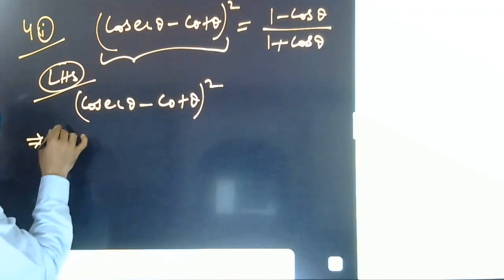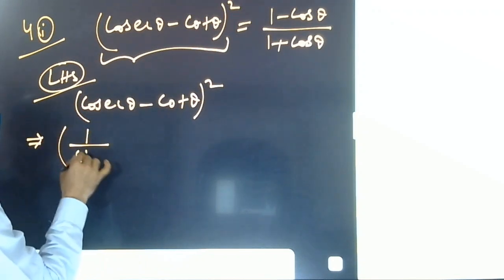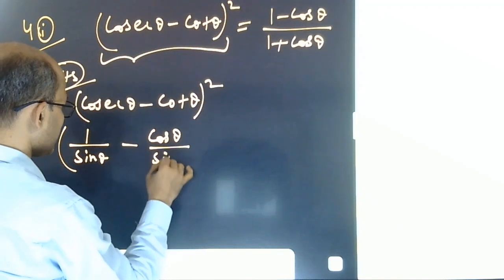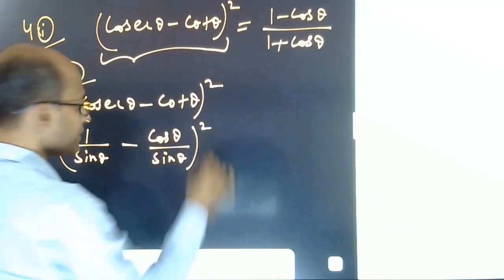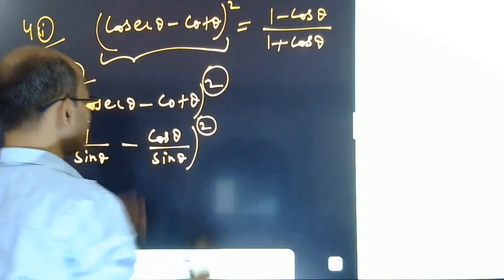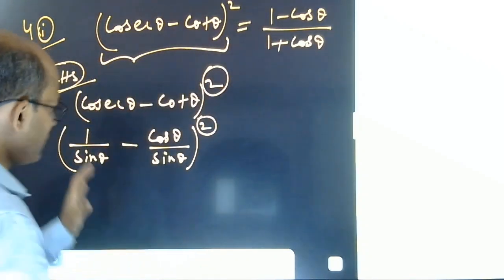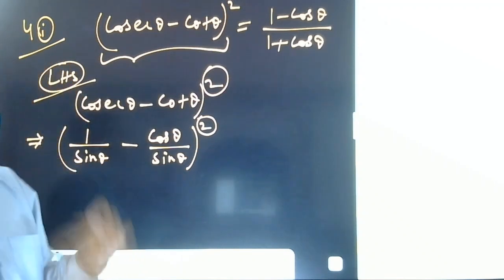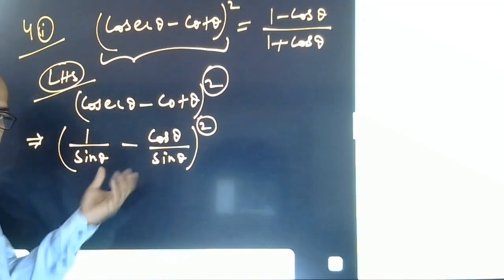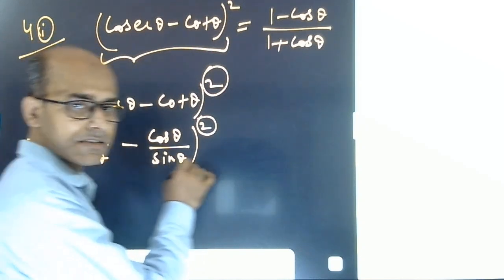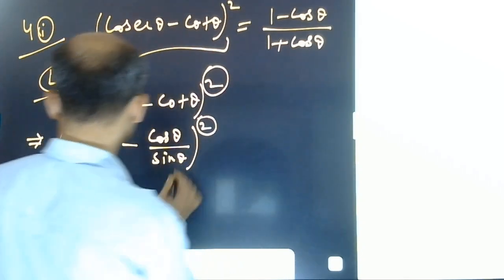Cosec theta can be written as 1 upon sin theta, minus cos theta by sin theta, and again we give the power 2 as it was given in the LHS. We are only breaking the given problem down to make it easy.